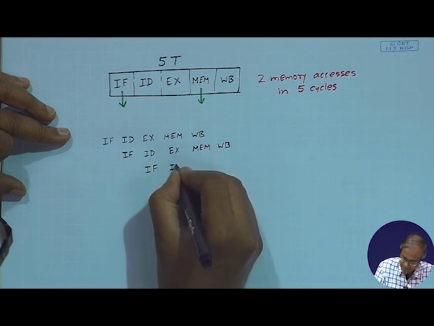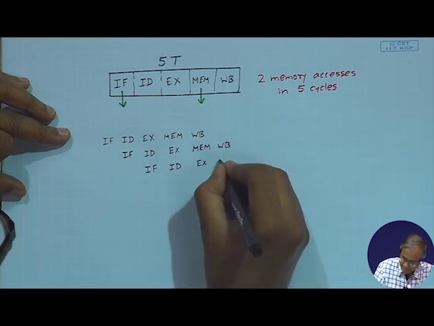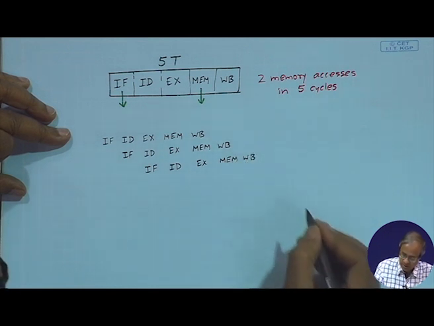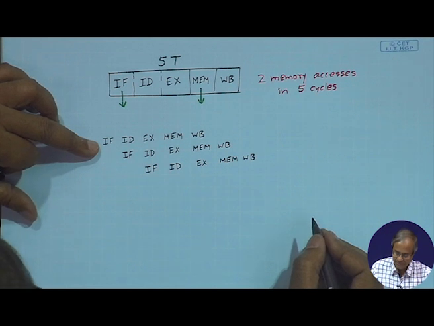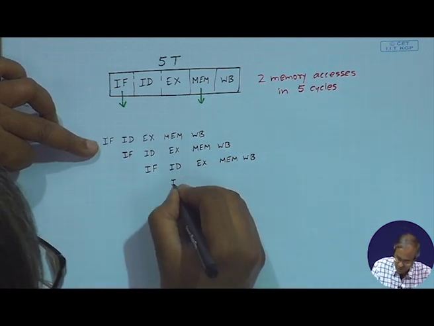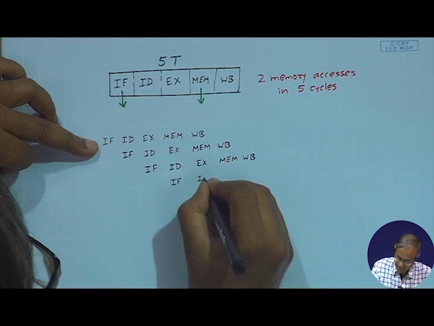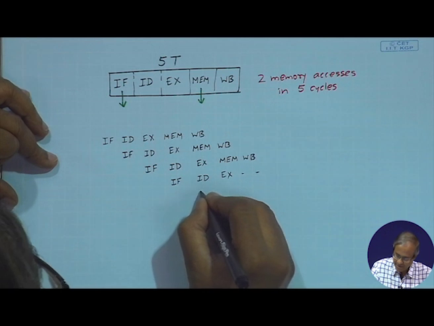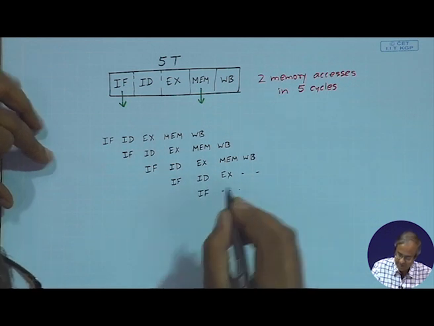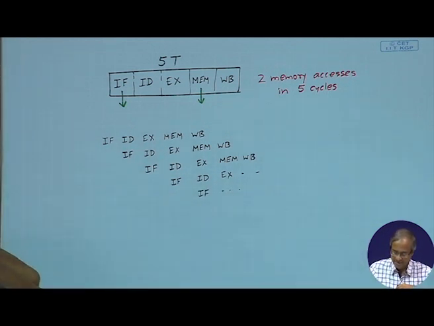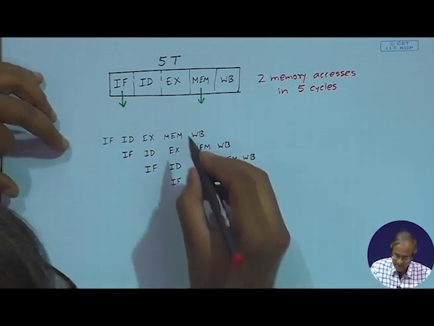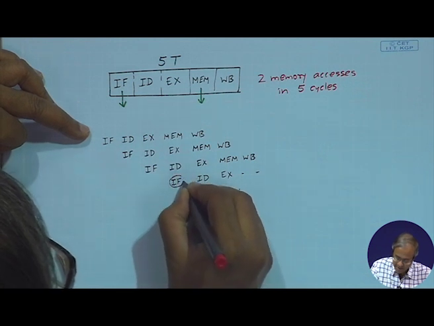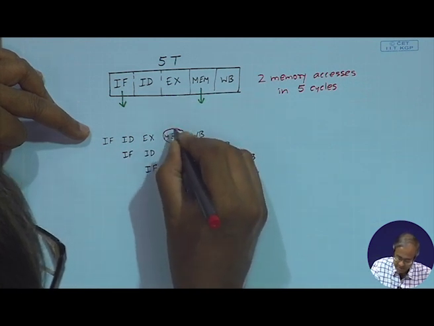And again the next one will start IF here. Now, what I am saying is that here I am talking of the worst case. Here in the worst case, in every cycle there can be potentially 2 memory accesses.